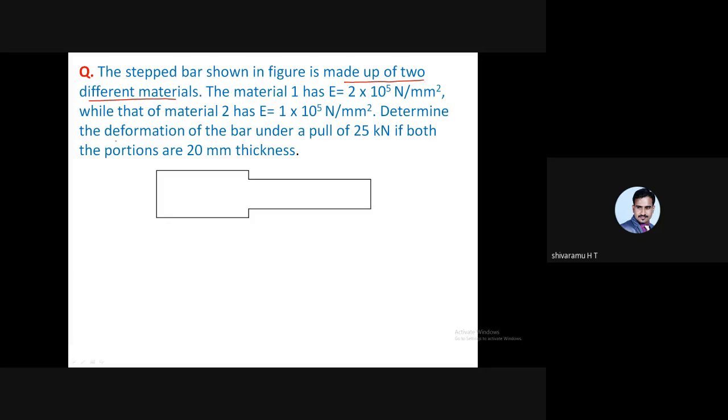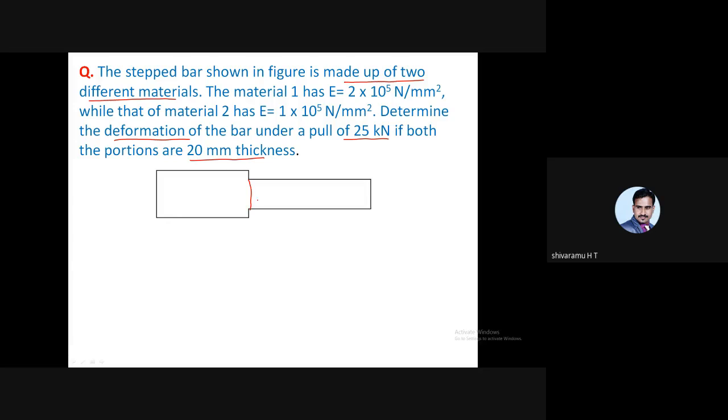Determine the deformation of the bar under a pull load. A pull load means it is a tensile load, 25 kilonewton, if both the portions are of 20 millimeter thickness.